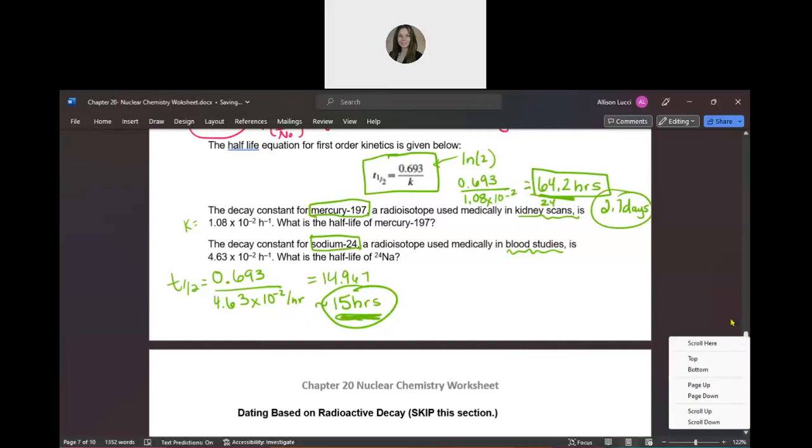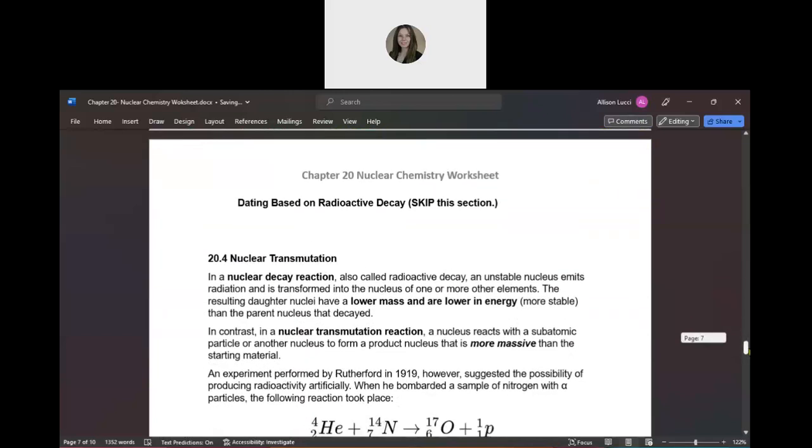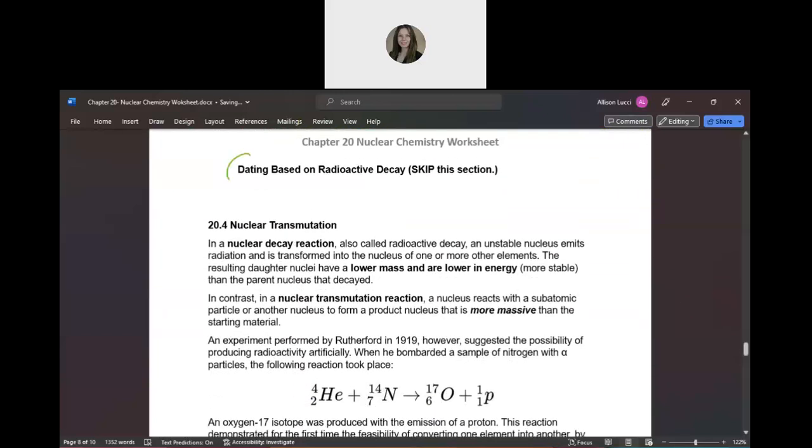So that's everything for this section on naturally occurring radioactive decay, and the two equations that you should note for, again, your homework or exams. We are going to skip part of this section, the radioactive decay dating.